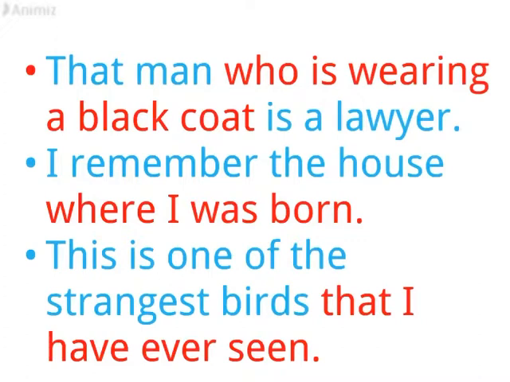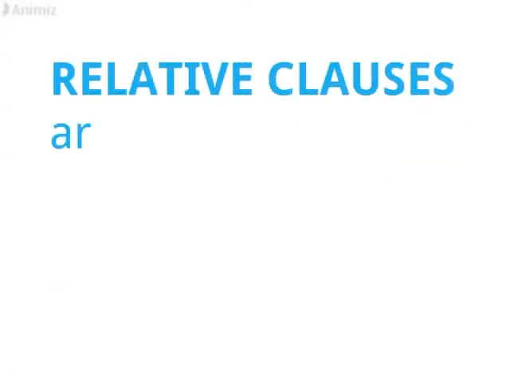I remember the house where I was born. This is one of the strangest birds that I have ever seen. So it is telling about the strangest bird, describing the noun by the adjective clause.